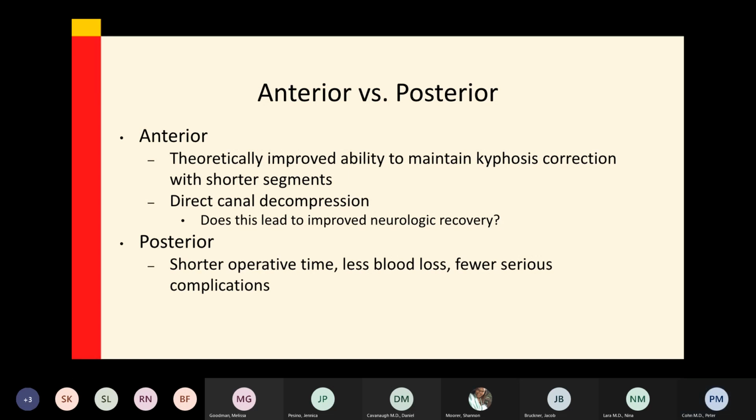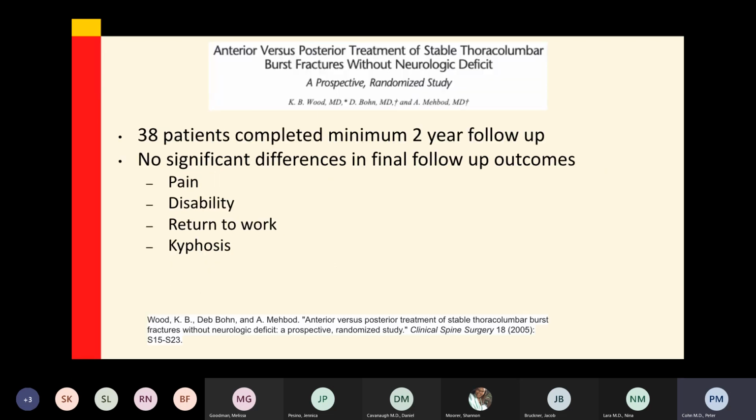And it does theoretically give you an improved ability to recreate your anterior column support, and theoretically give you a better maintenance of your kyphosis correction, especially for shorter fusion segments. Whereas posterior surgery is generally a shorter operative time, less blood loss, and fewer serious complications, although those complications certainly do occur at similar rates to anterior procedures.